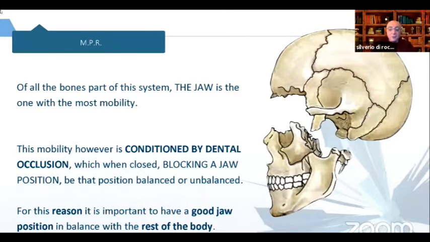The position of the jaw is conditioned by the dental occlusion, which blocks this position. And when the position of the jaw is not right, you will see later, it's creating a lot of problems in the postural tonic system. That means the posture of our body.